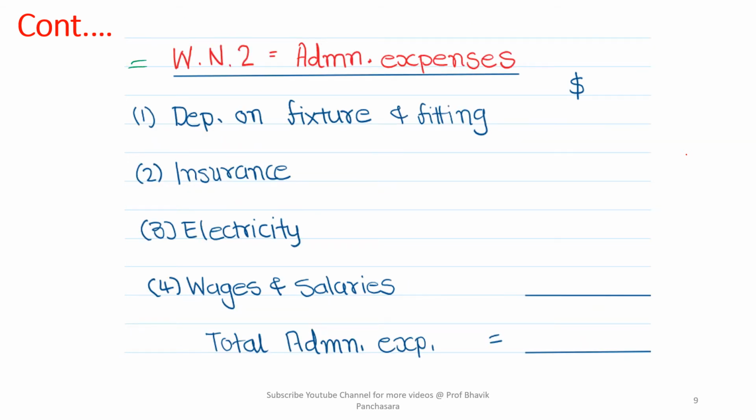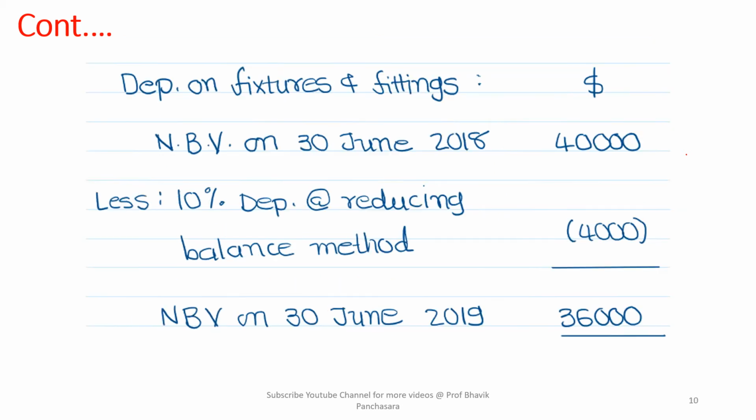Now for working note 2, to calculate administrative expenses we will require these four amounts. First is depreciation on fixtures fitting, second is insurance, third is electricity, and fourth one is wages and salaries. Let us calculate all these four amounts.